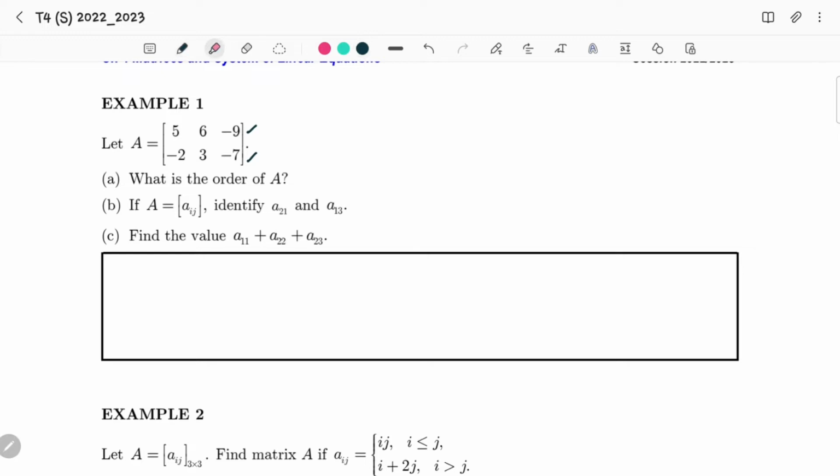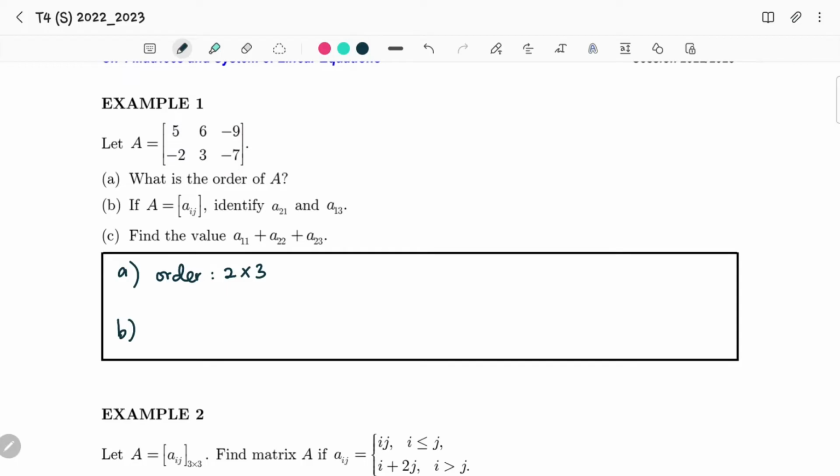And then how many columns? You have to count it, 1, 2, 3. So the matrix A is of the order m by n, row by column, so 2 by 3.